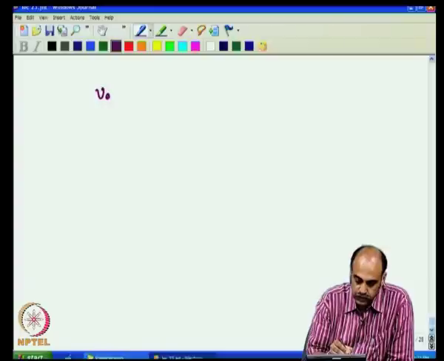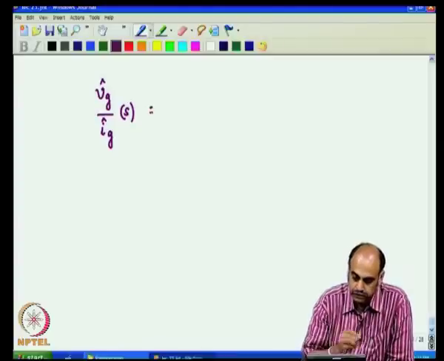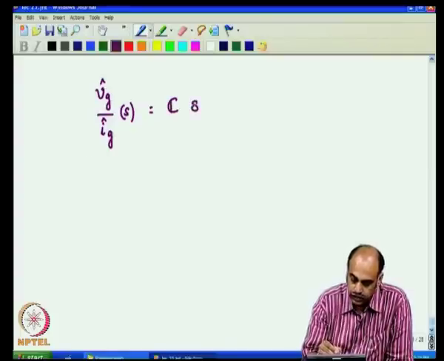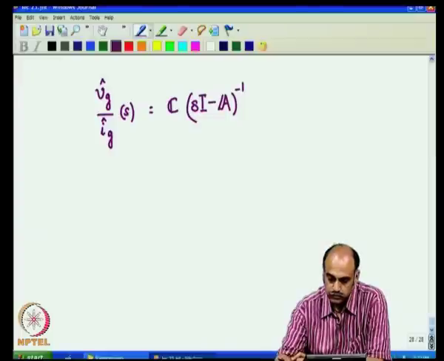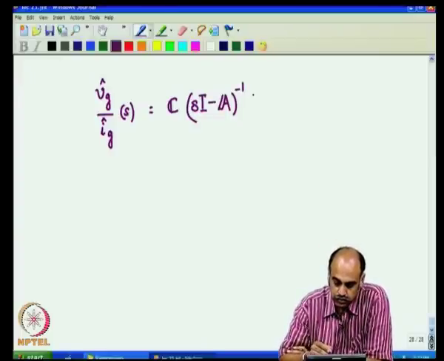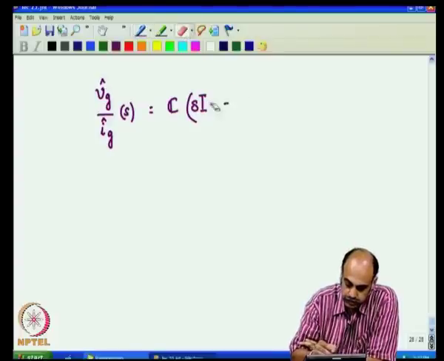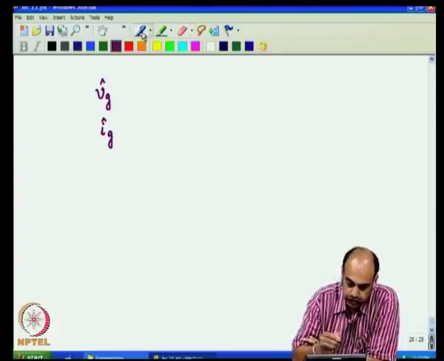So, if you get the transfer function Vg hat by, let us say, Ig hat Laplace transform, which is obtained by C (sI minus A) inverse, no, these are general terms, let me wipe it out.